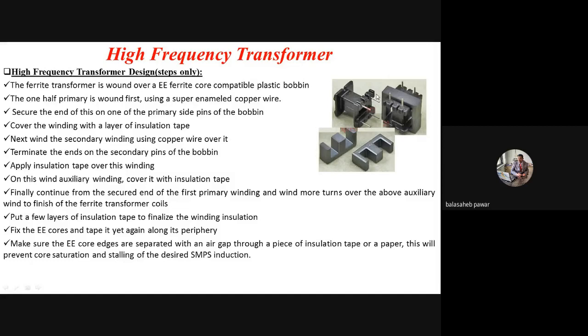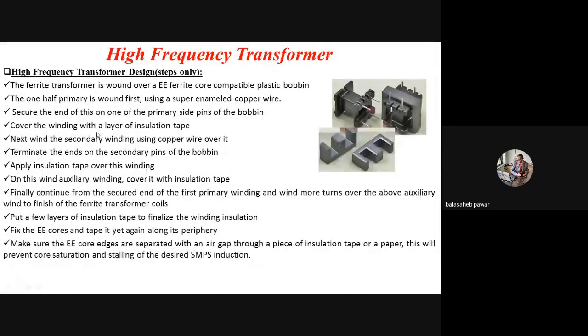As shown here. So for example, suppose these 2 upper pins are used for primary, then one will be the starting terminal and another pin will be at the end. And once that primary is completed, simply a paper is wrapped around that primary for the protection purpose, or we can say to give better insulation between primary and secondary. Okay.